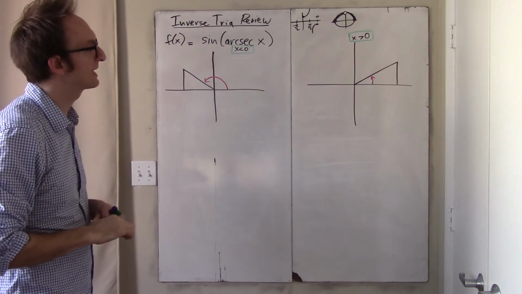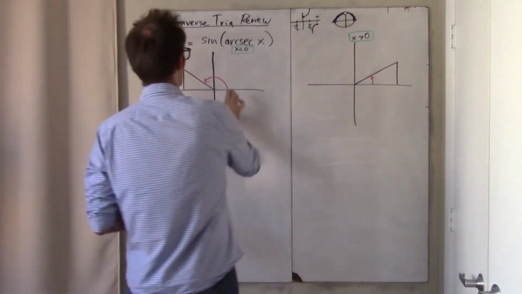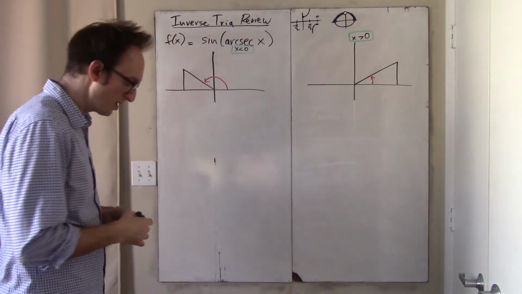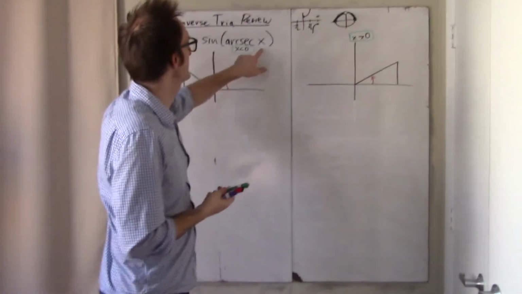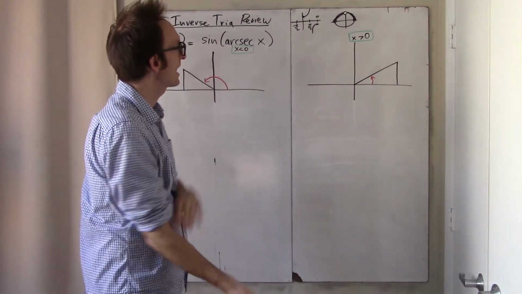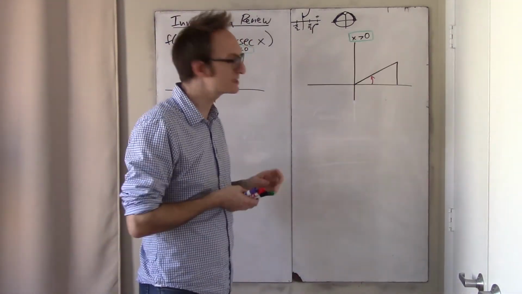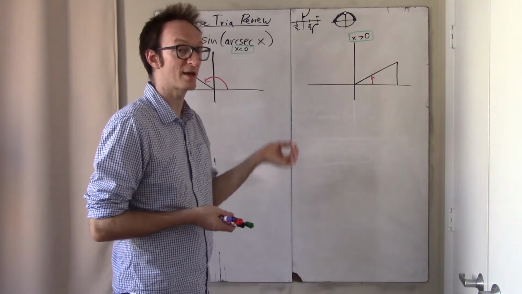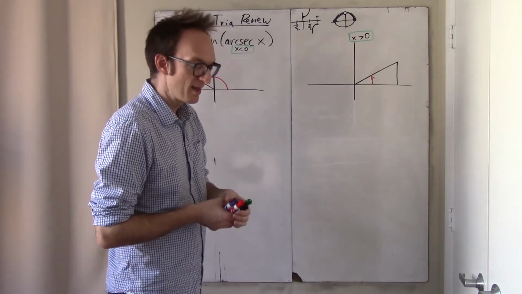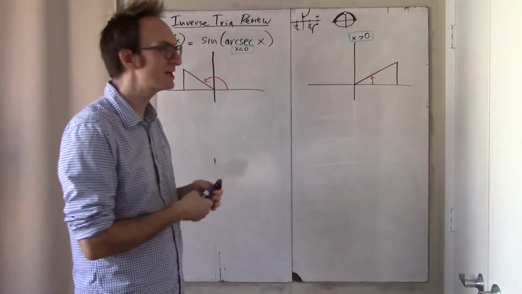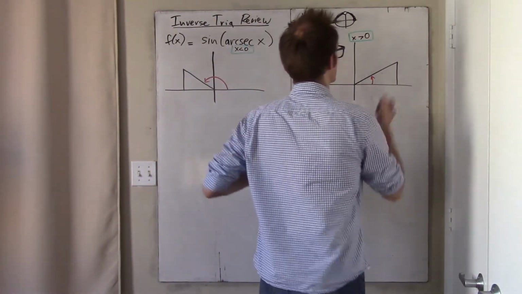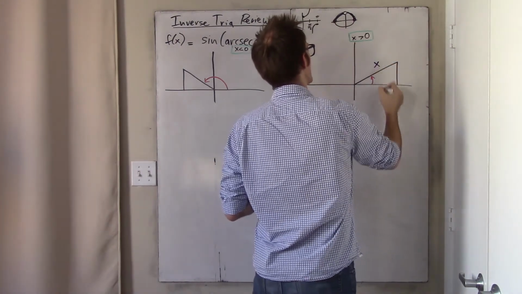Well, now I have to label the sides of the triangle. How am I going to do it? Okay, well, I need arcsecant to be x. So what does that mean? I need to label the sides of the triangle in such a way that the secant of my angle is x. There are many choices here, but one choice that is simple is to just call this x and this 1.